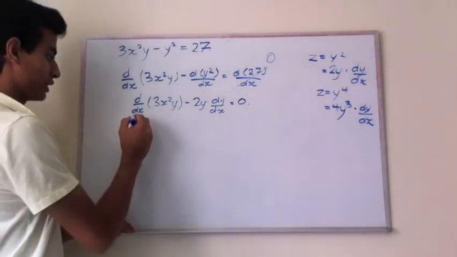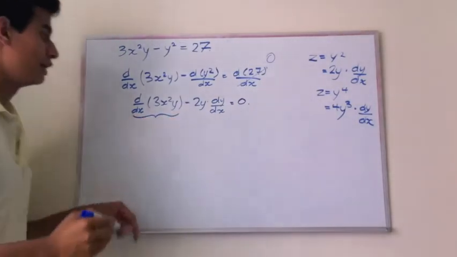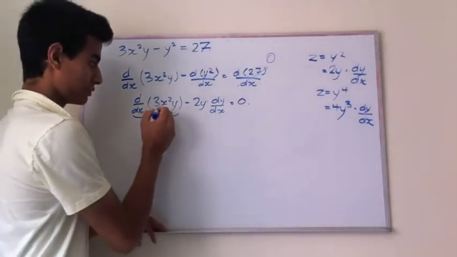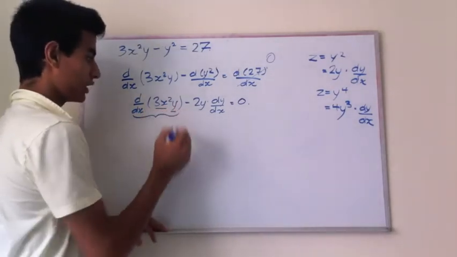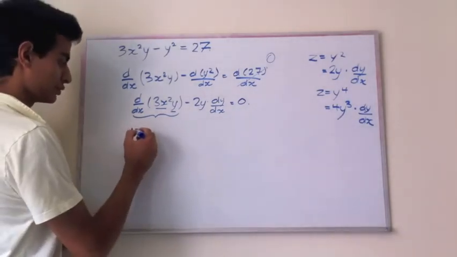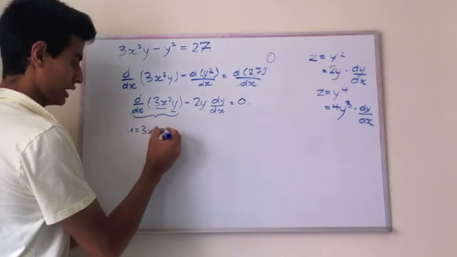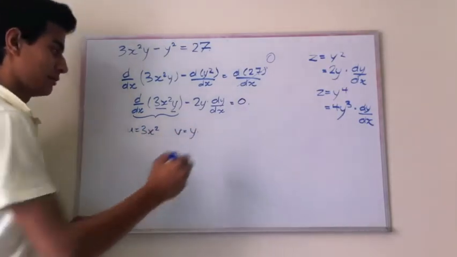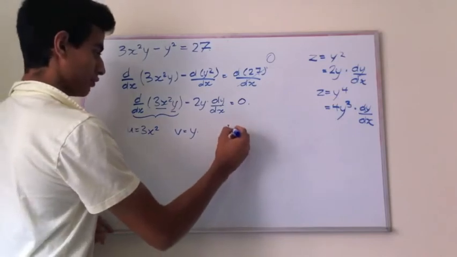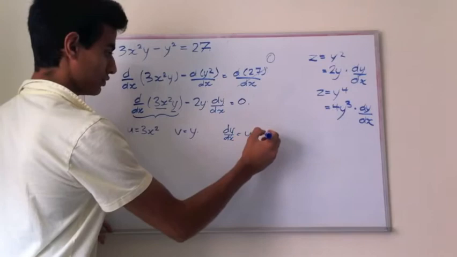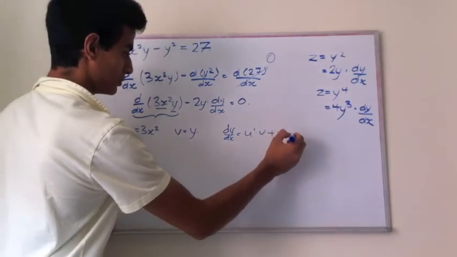So this now gets slightly complicated. You actually have to use the product rule to differentiate, because there's an x term and there's a y term. So if we say that u is equal to 3x squared and v is equal to y, the derivative will be u prime times v plus v prime times u.